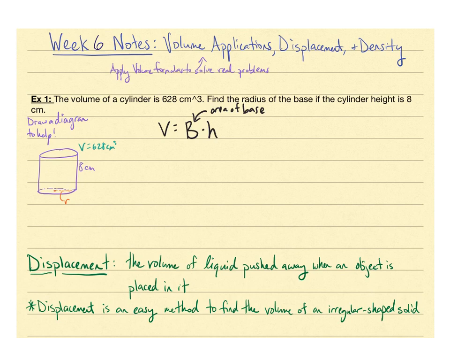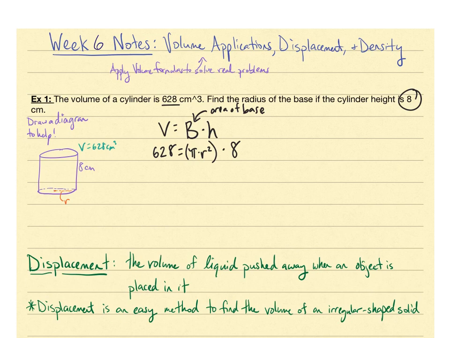We represent it with a capital B. So in this case, we know the volume is 628 centimeters cubed, so I'm going to substitute that in for V. The area of the base of a cylinder is a circle. So to find the area of a circle, it's pi times r squared. I don't know what my r is. That's what I'm going to solve for. And my height I'm given is 8 centimeters. So times 8.